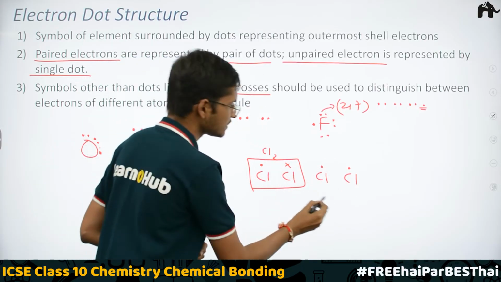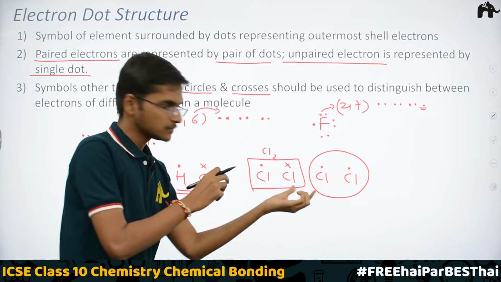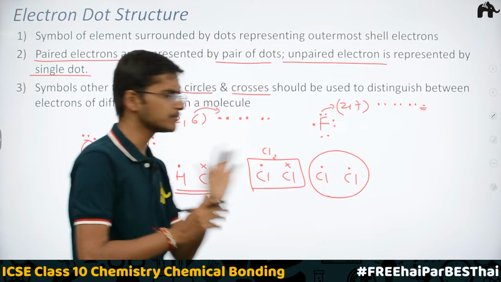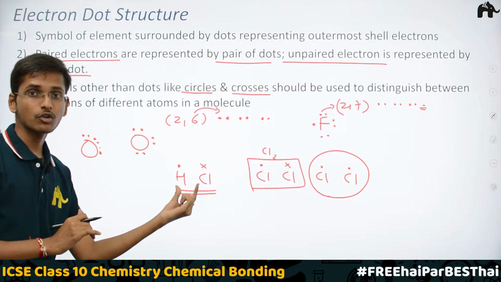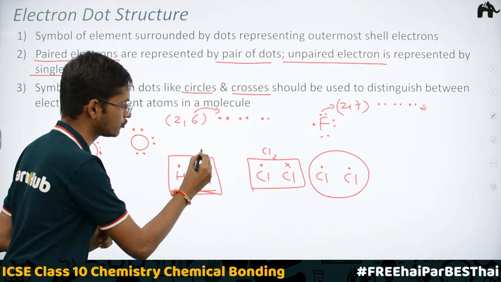So in case of a molecule made up of atoms of the same element, use the same symbol, and in case of a molecule made up of atoms of different elements, use different symbols. You should never forget this.